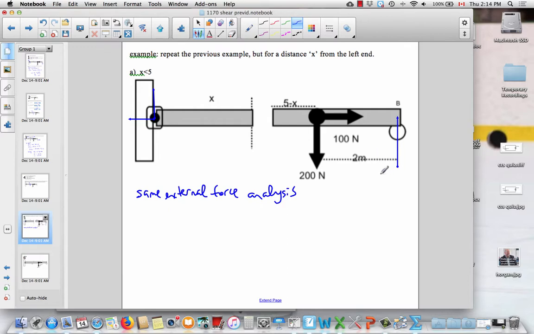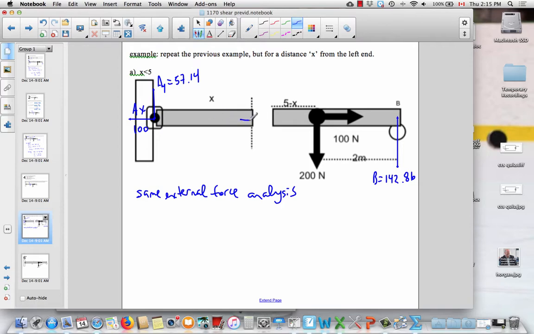So this was B, and it was 142.86, in Newton units. So this was AY, which was 57.14, and this was AX, which was 100 to the left. Okay, so at location x, we now draw the internal forces at this section.